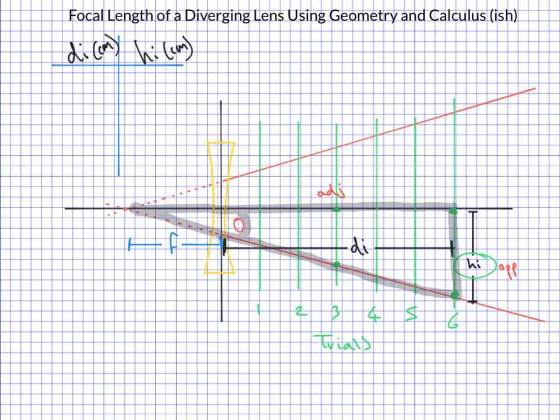And if I'm interested in theta here, I'm going to say that tan theta is equal to opposite over adjacent. And what's opposite? Well, opposite is the height there, and the adjacent is di plus f. Okay.